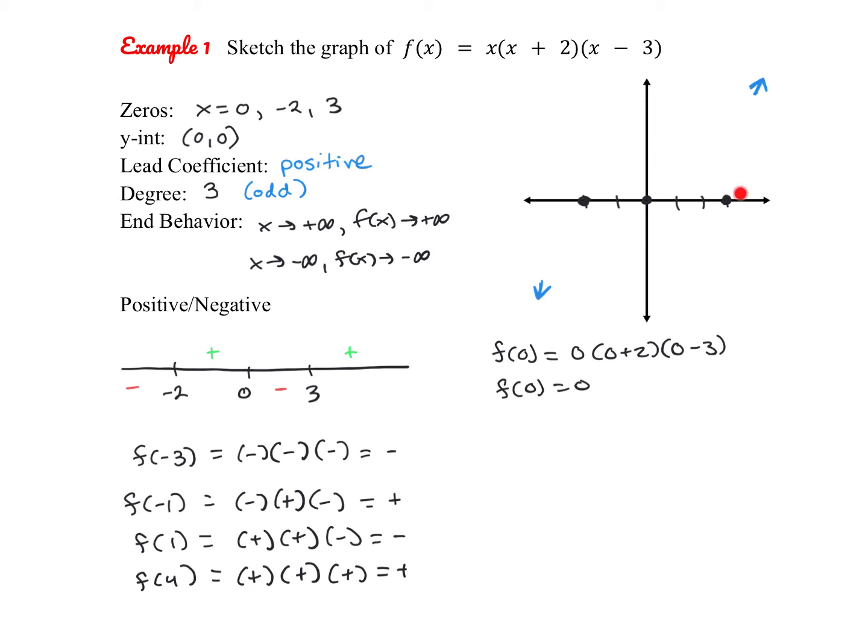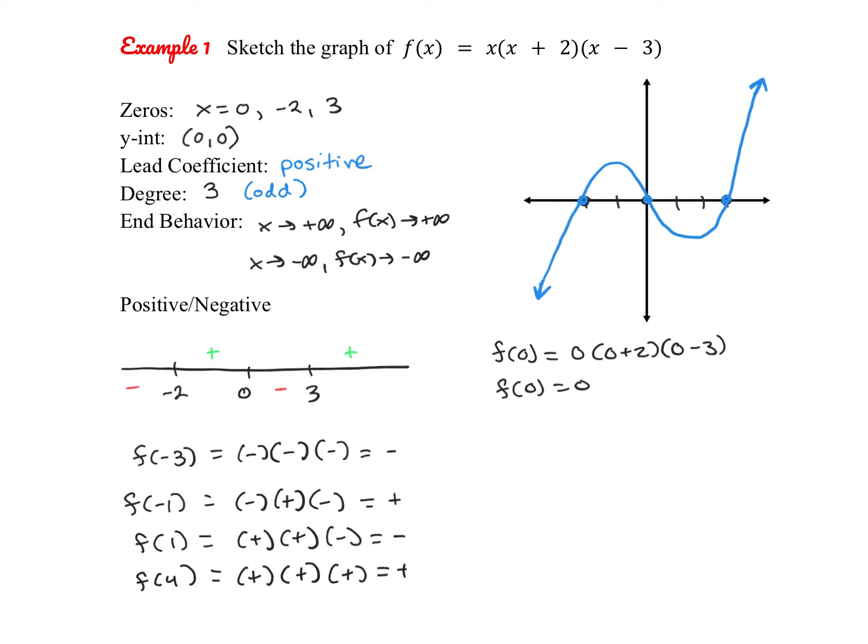So now that we have all the information about our graph, all we need to do is piece everything together. So I'm going to start on the left. I can see that I'm going to cross over here. My graph is going to turn around so it can cross again. And it will turn around so it can cross one more time. Now, this is a really, really rough sketch of our graph.